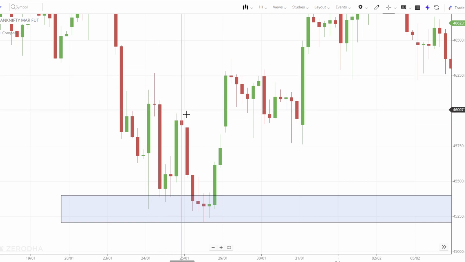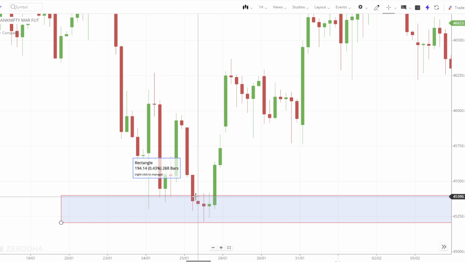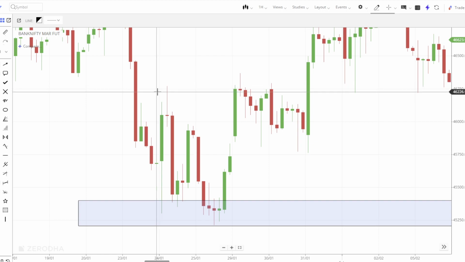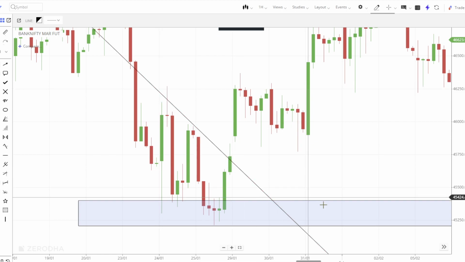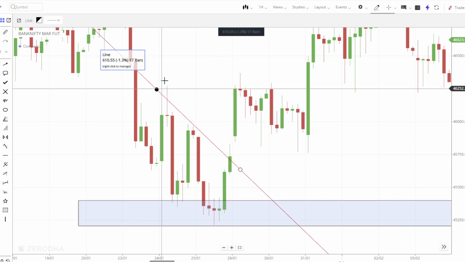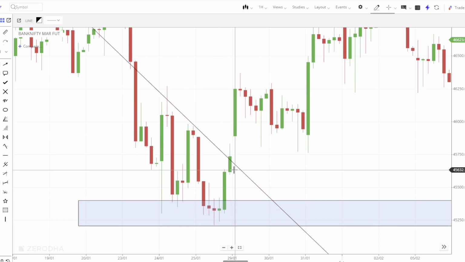After reaching this range itself, price went down. So here you will see another trend line, a small trend line. Price is making higher lows.